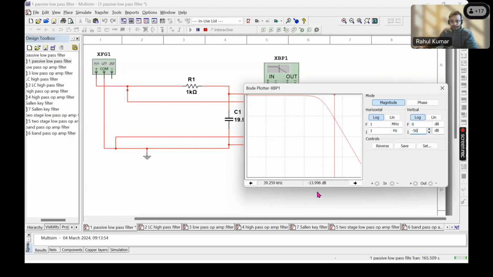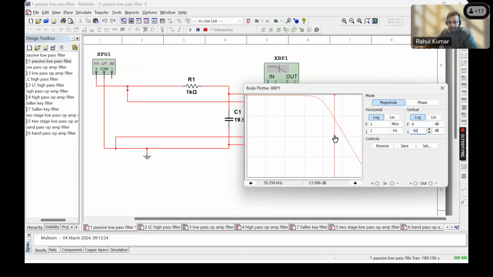So that's about 40, and minus 14 dB approximately, I would say. One octave will be double of that, so 80. So let's check the amplitude or the gain at 80 kilohertz.